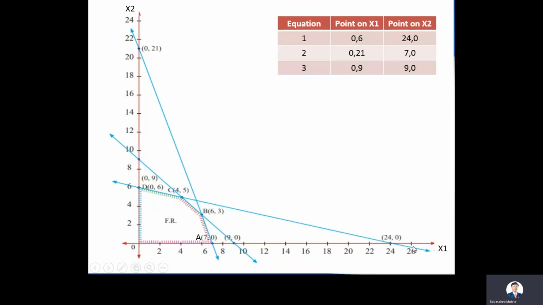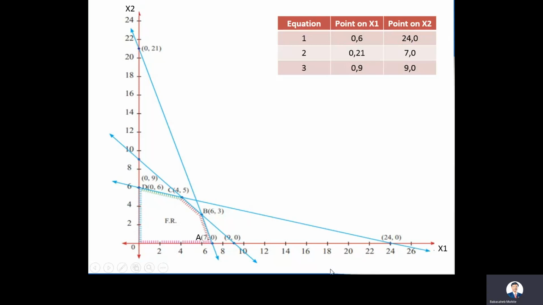So I have taken up to 26. Likewise, for x2, the highest value is 21, so I have considered the highest value up to 24. And for each single unit, I have given a value of 2: 2, 4, 6, up to 24.